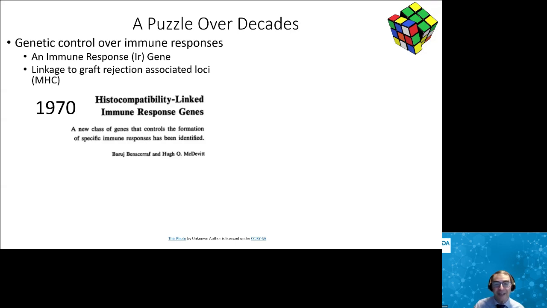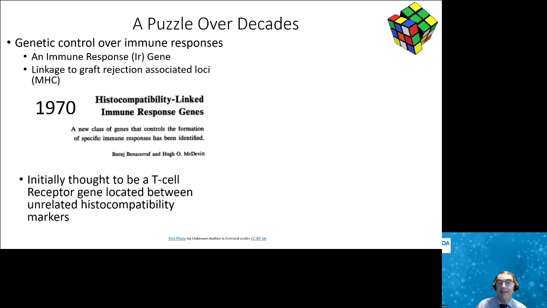Initially, that was felt to be a linkage, and there was probably some hidden T-cell receptor gene in that locus, and not necessarily that histocompatibility and immune responses were directly linked.